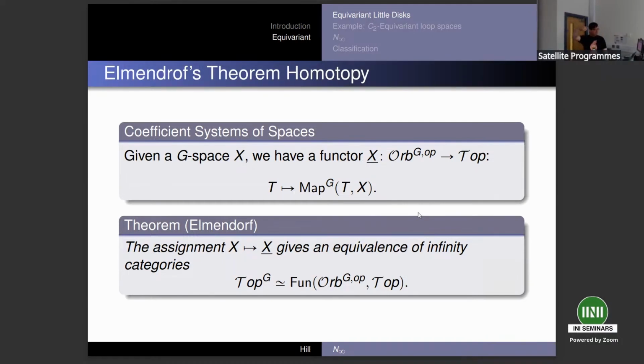But the coset of the identity is also the coset of any element of H. And so wherever the identity element went, every element of H had to go there too. So it had to land in a point that was fixed by every element of H. So this coefficient system of spaces is just a fancy repackaging of the diagram that says, to G mod H, assign the H fixed points. And if H sits inside K, then being a K fixed point is harsher than being an H fixed point. So I have an inclusion of fixed points.